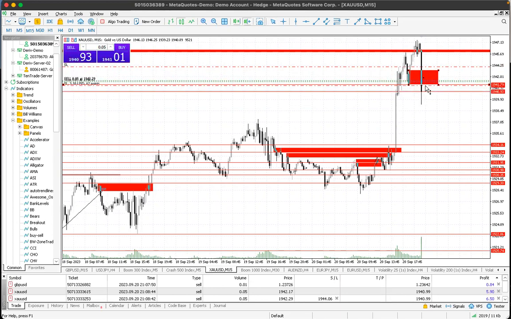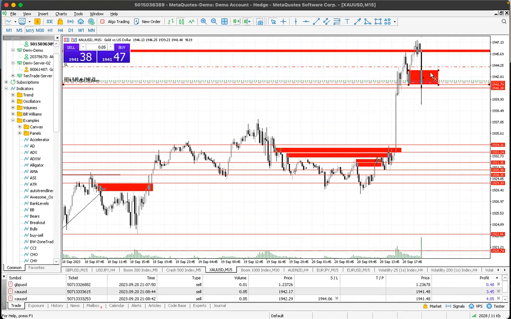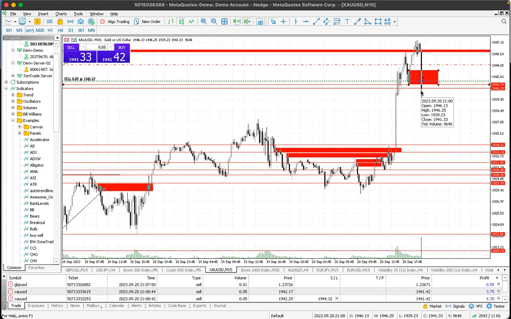You bring it below your entry. That's what they mean by locking profit. But the fact that it's going towards it, you can leave it and still put it there so that it will close for you in profit and you re-enter. But to me, I think it's going to be a good thing for me to re-enter.